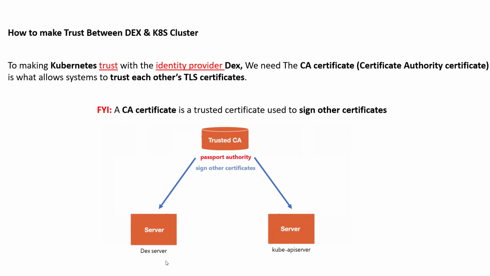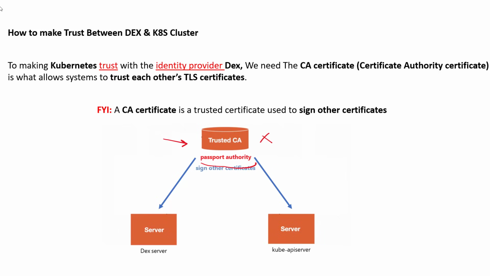When the Dex server wants to communicate with kube-apiserver, they need to trust each other, because kube-apiserver by default thinks this is a fake server. So how can it trust that? Here we need a certificate authority server, or in abbreviation CA. This certificate authority is like a passport authority.